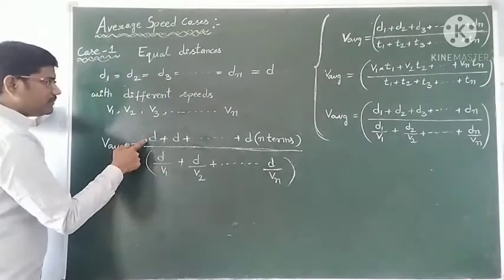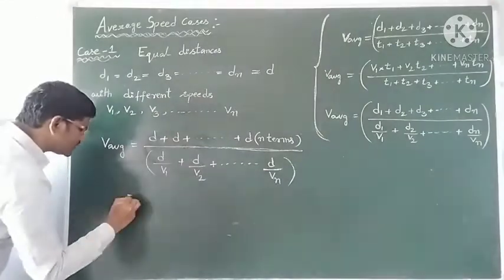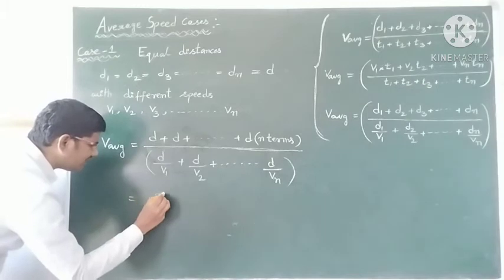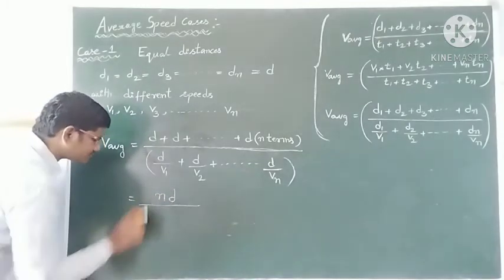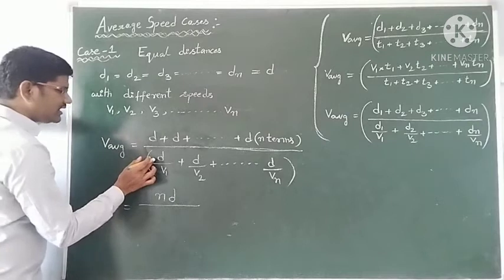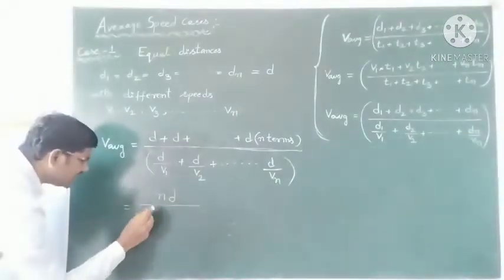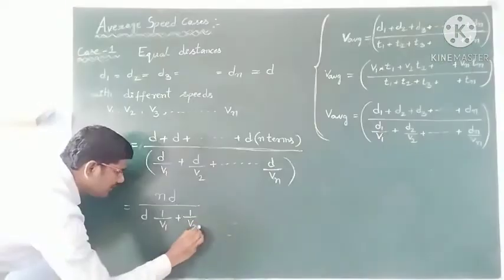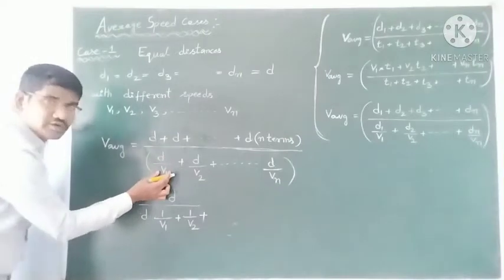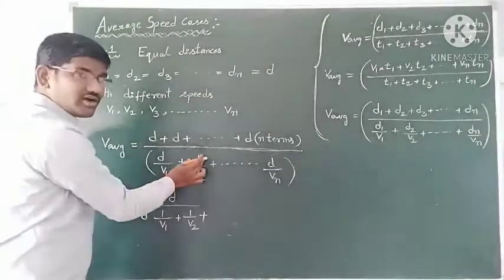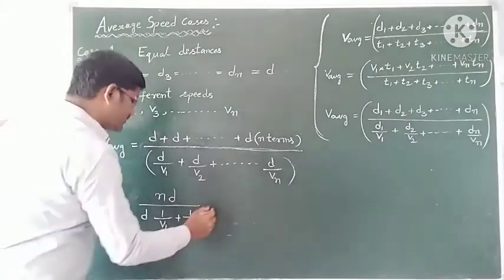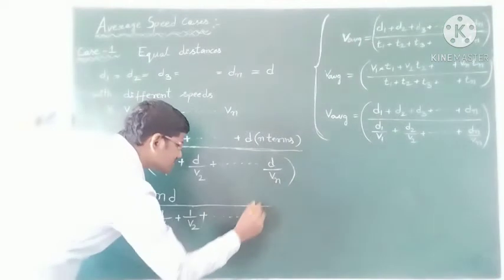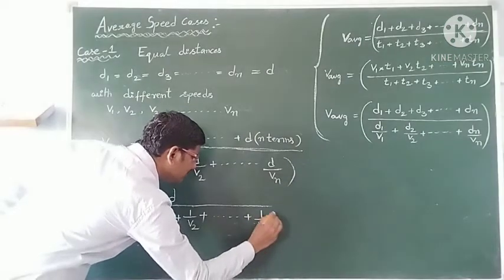Now d we have n times, so n into d. I'll write n into d by, and here I'll take d common. If you take d common, what is left? 1 by V1 plus 1 by V2. Again take d common, 1 by V2 left. And in the last term 1 by Vn is left.